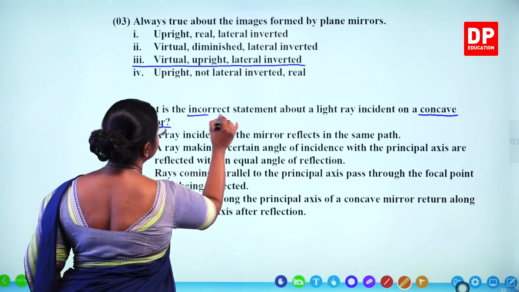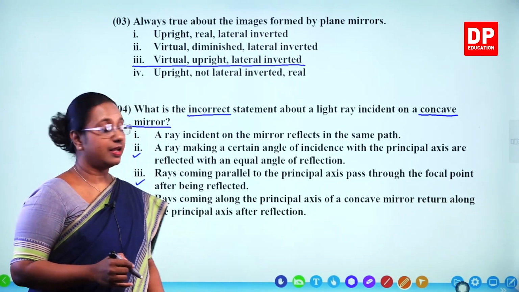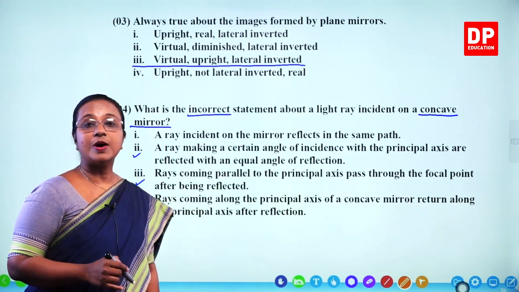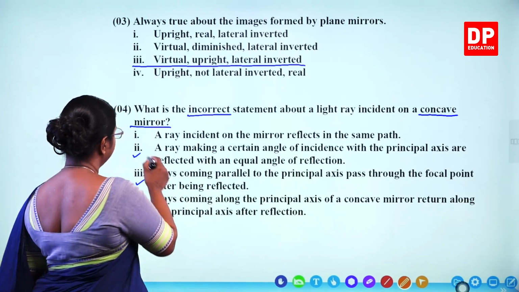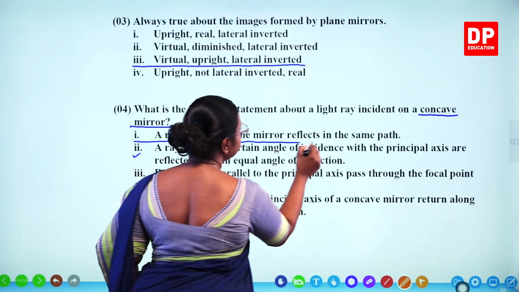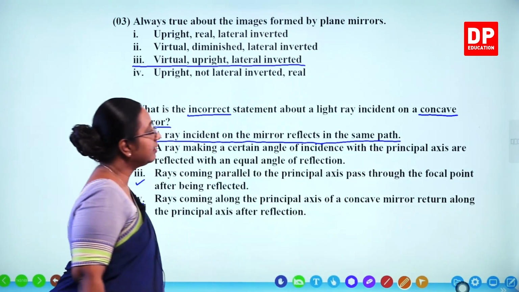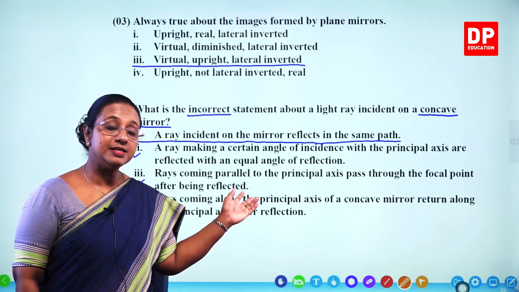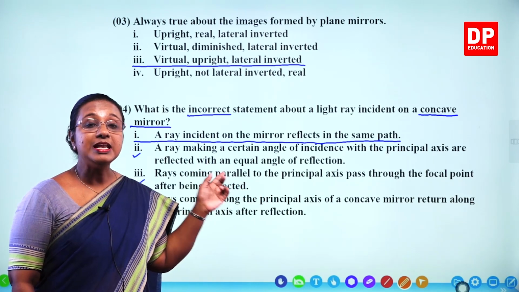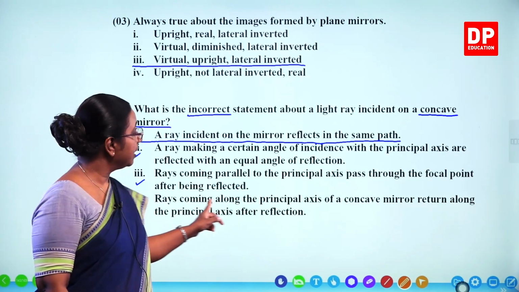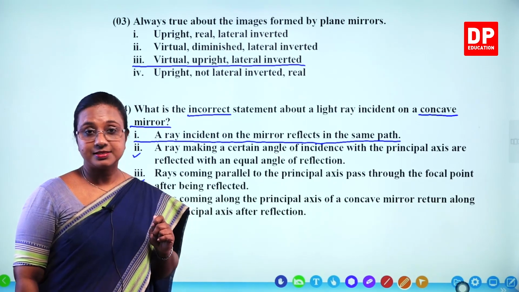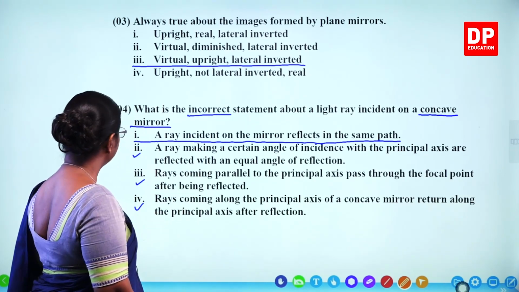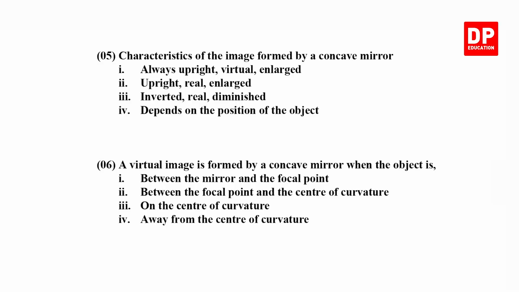They have asked us for the incorrect statement. So, only the first one is the incorrect statement. A ray incident on the mirror reflects in the same path only when it is coming along the principal axis. So, now I will move on to the next one.